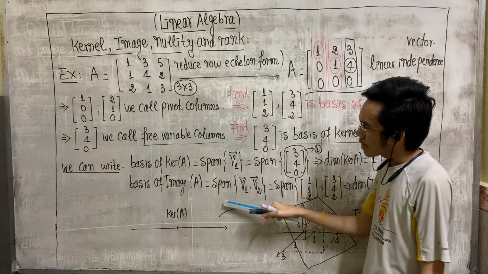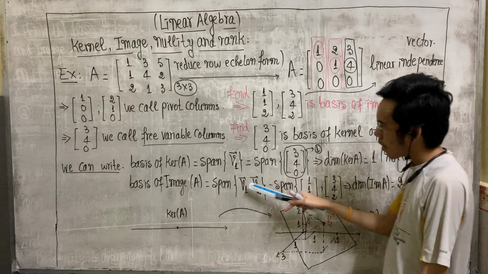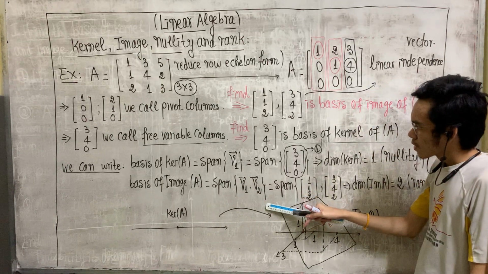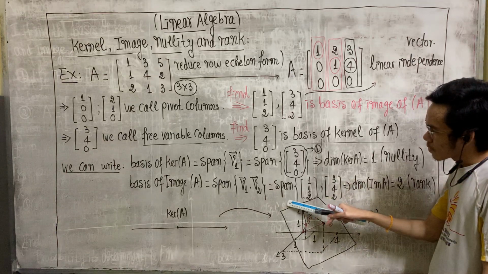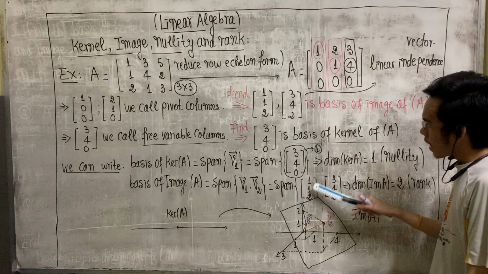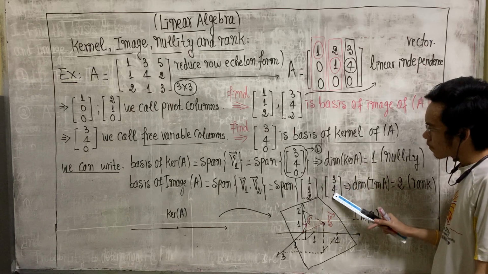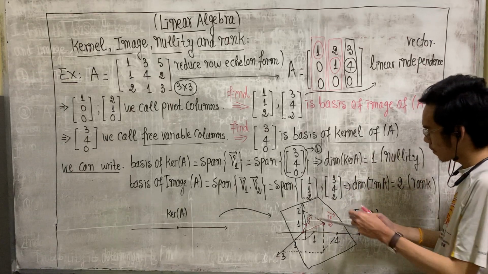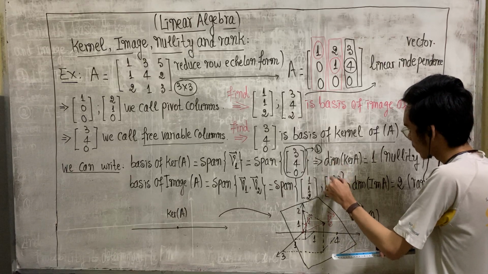So it equals the span of the vector v1 = (1, 1, 2) and the vector v2 = (3, 4, 2). Sorry, I forgot.